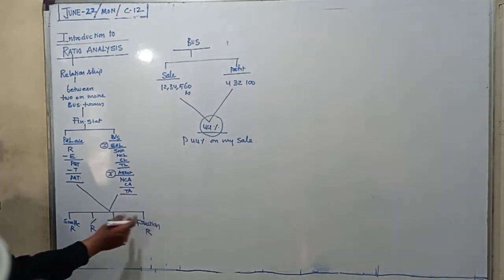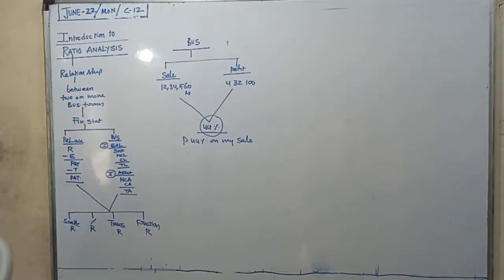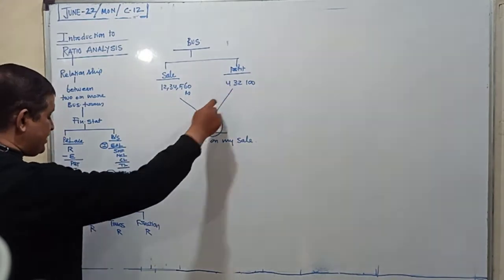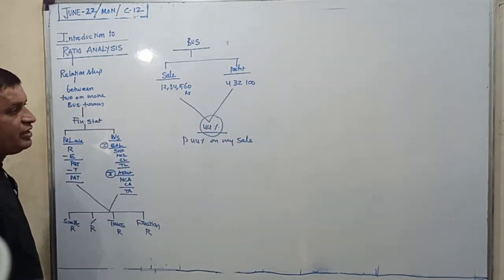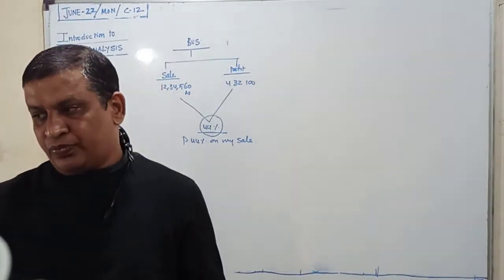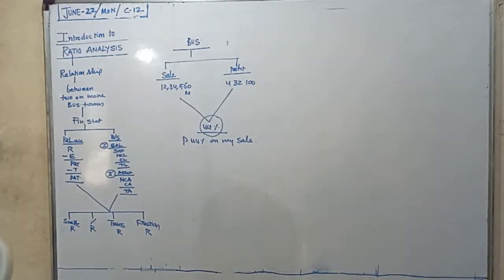So in this example, we expressed a relationship between two business transactions in terms of a percentage ratio. This is the first meaning of ratios.